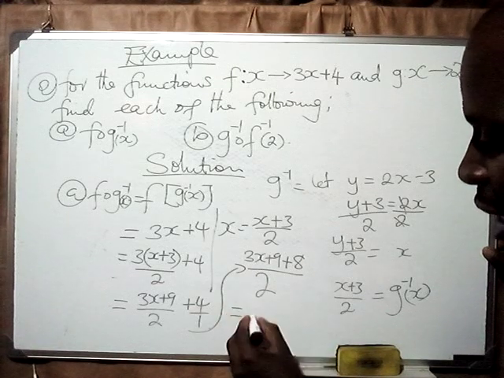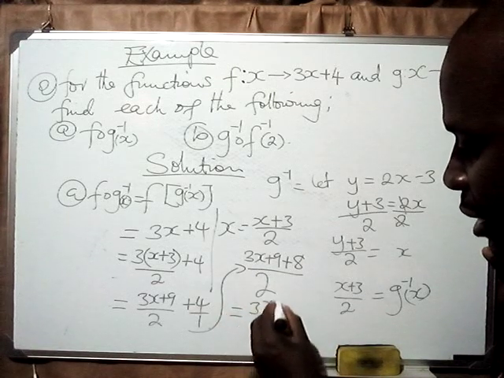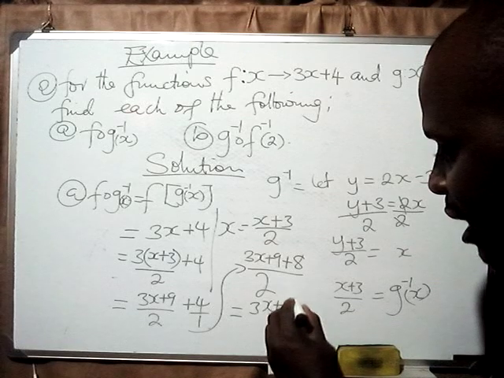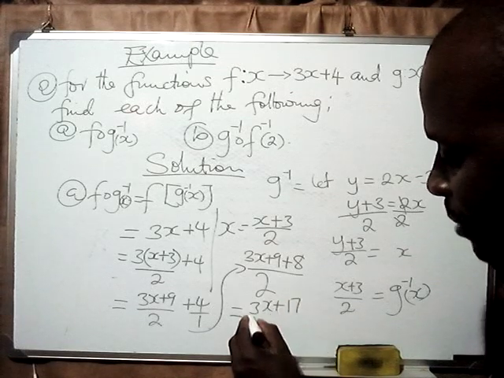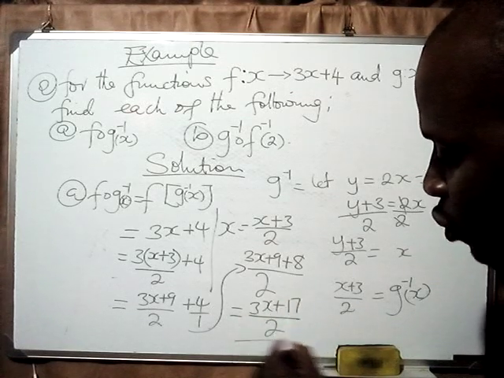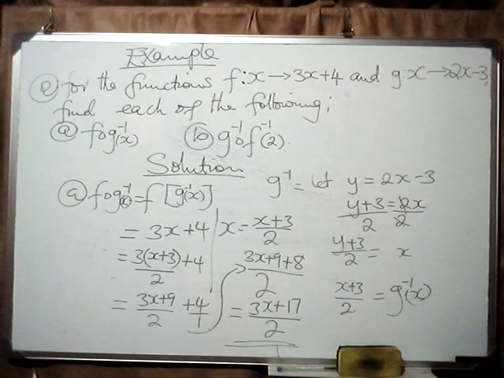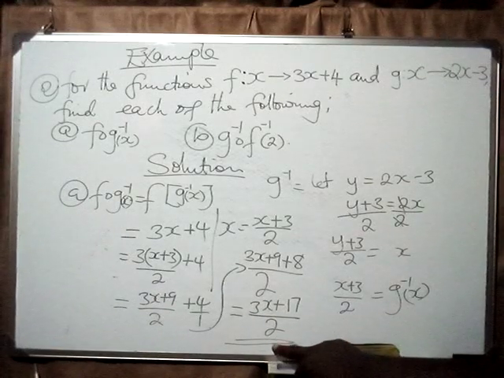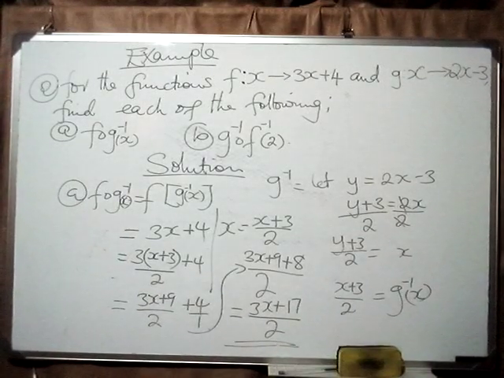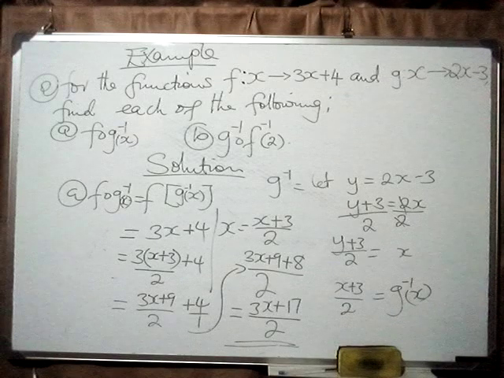So there we are now going to have (3x plus 17) over 2. This marks the end to that question. So that is the answer, (3x plus 17) over 2. So that is what we have.